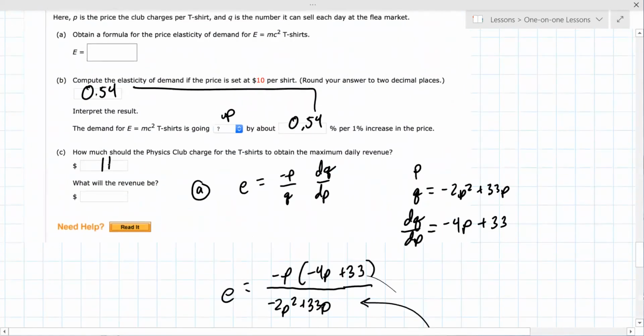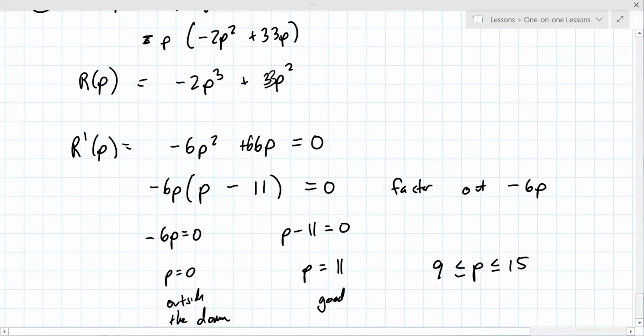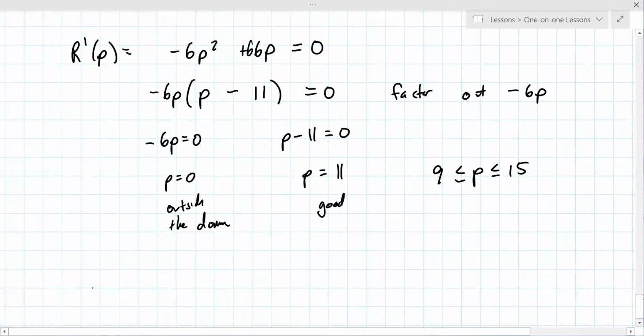And then the revenue. So the revenue, we need the revenue function. Our revenue function is this line up here. So we've got that, and we just need to write it again. The revenue function is minus 2p cubed plus 33p squared.